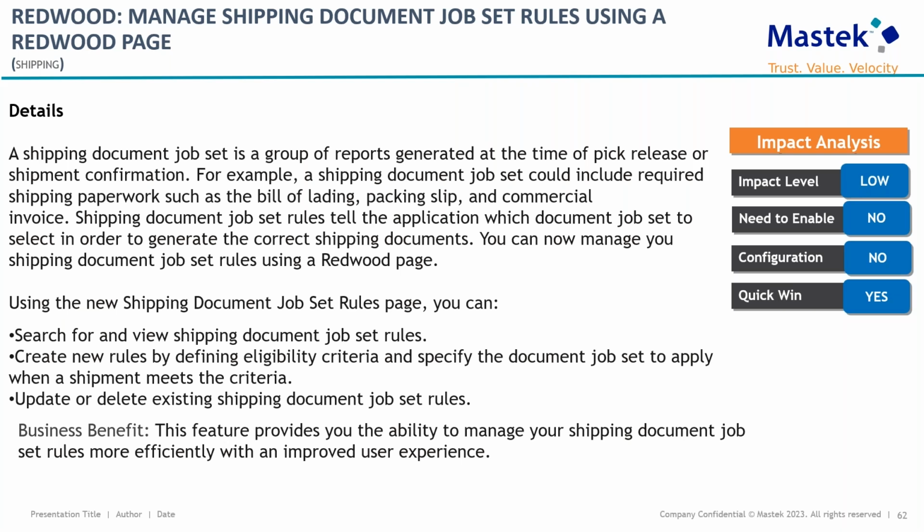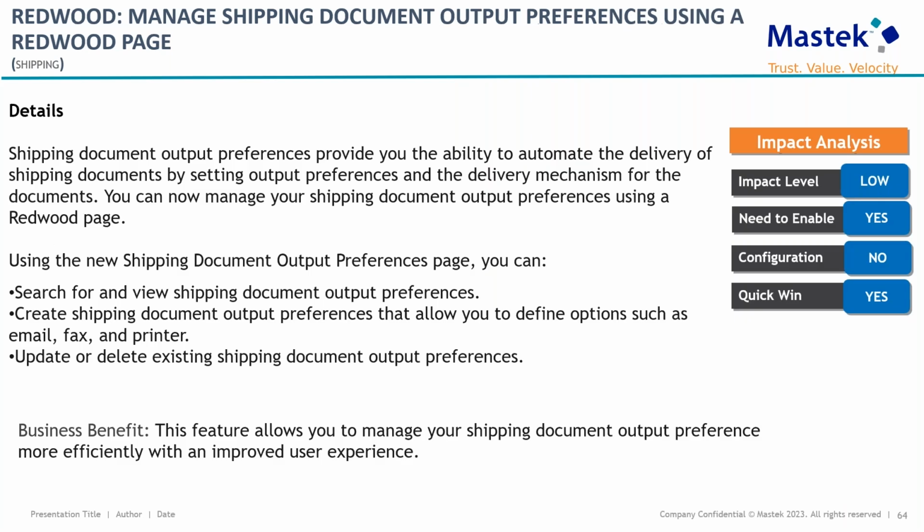Let me move on to the next update, which is manage shipping document output preferences using a Redwood page. Setting up how and where shipping documents are delivered is much simpler, thanks to the redesigned Redwood page.